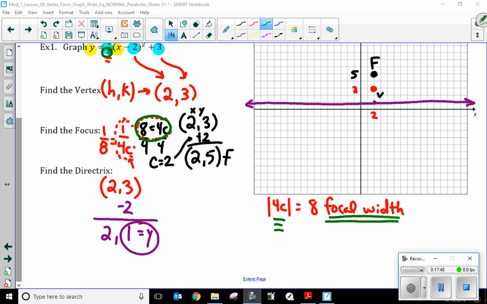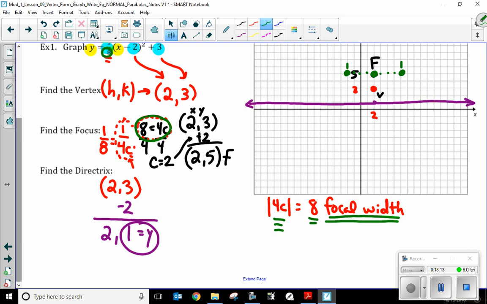And let me show you that. Here's our focus right here. So I've got to go 8 wide. So I'm going to go 4, 1, 2, 3, 4 to the right, and 1, 2, 3, 4 to the left. This distance from here to here is 8.